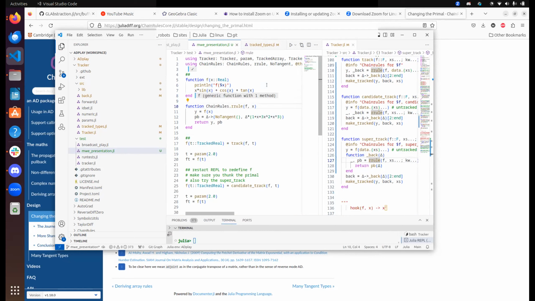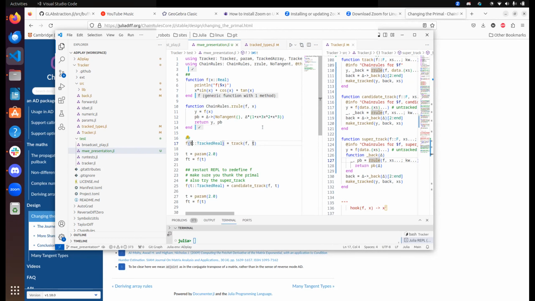But let's say I want to create a custom rule for this function. Inside the custom rule, I do the primal, of course, and here's the pullback. Now the pullback is not really the derivative of this, but anyway, it's a custom rule. I do whatever I want. So I want the pullback to be like this. So this would be the gradient. Why not? So this is the custom reverse rule for my function.